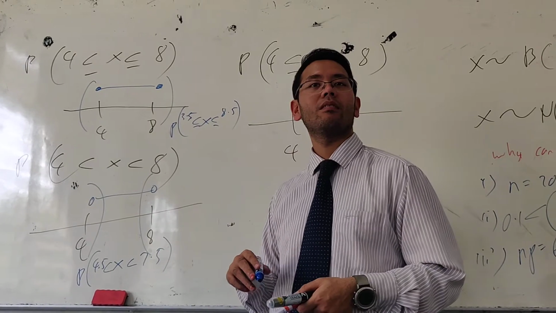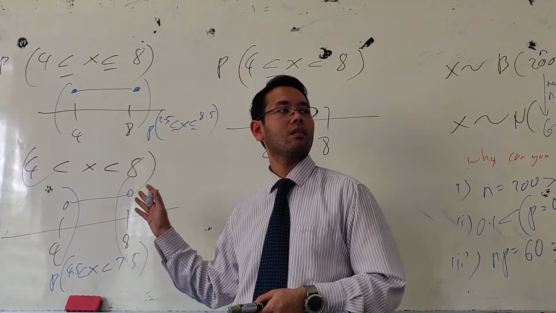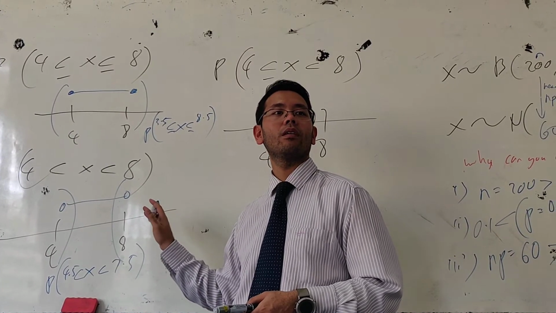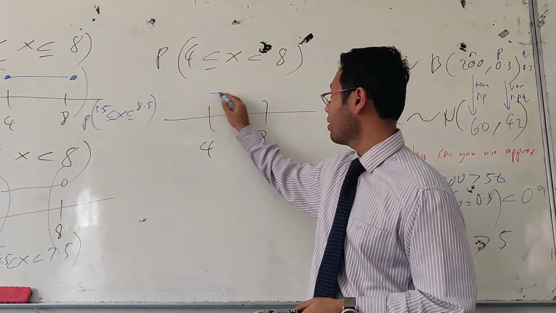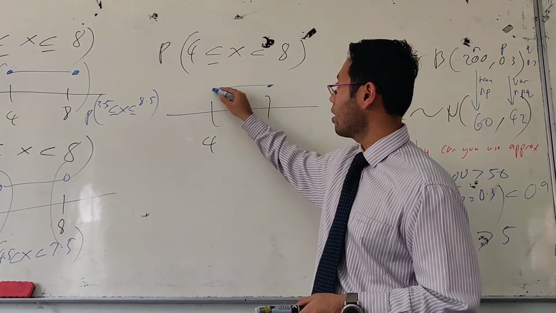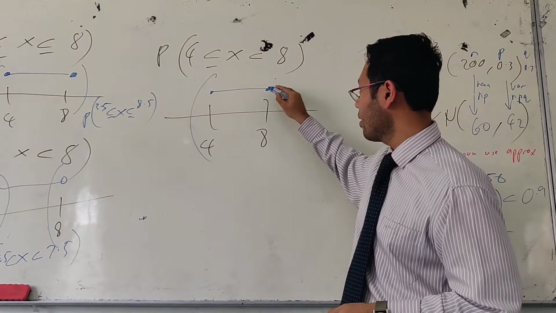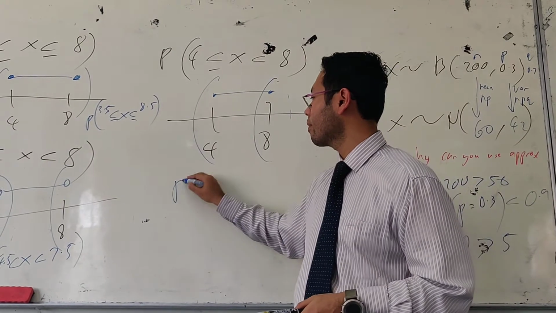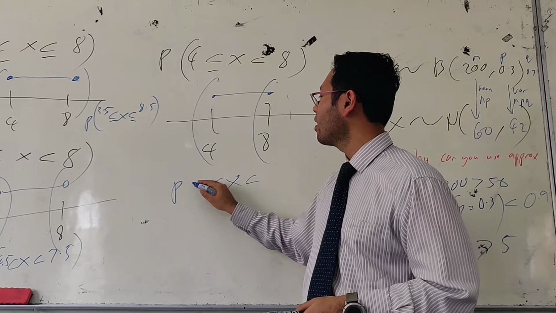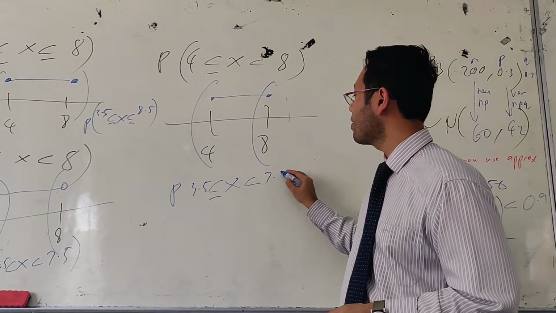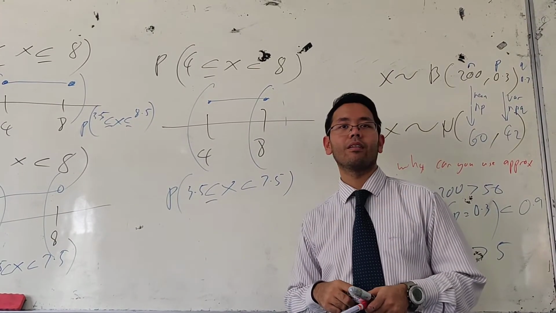Am I too fast? Do you want me to explain it? Anybody want me to explain? Please raise your hand. And finally over here. Oops, this is wrong. 3.5, 7.5, and we are done. Are you okay?